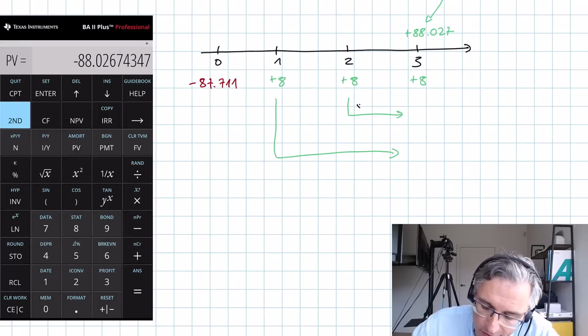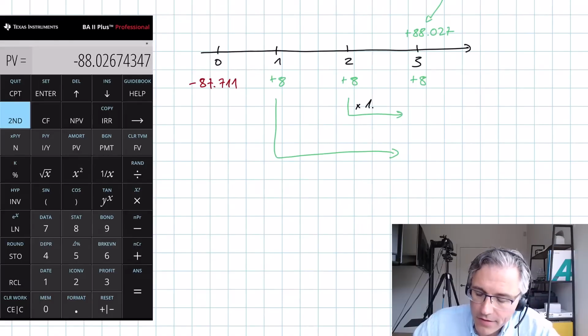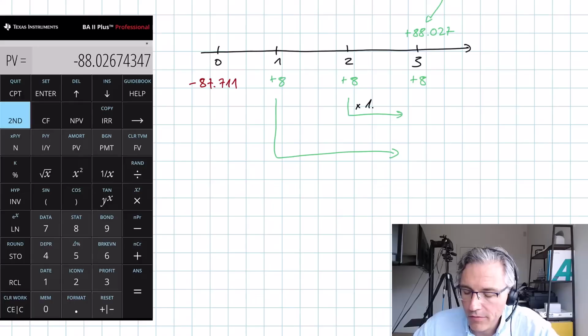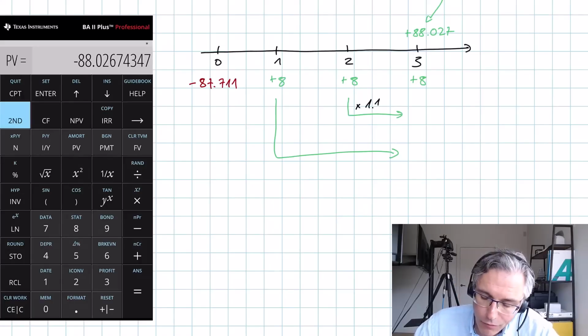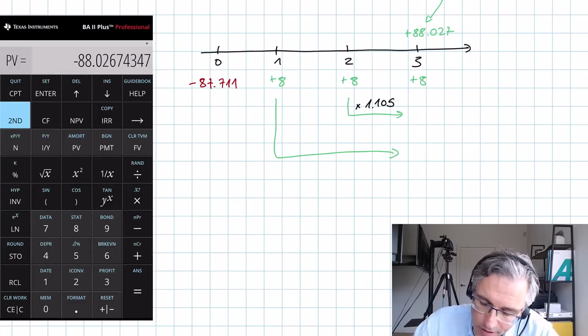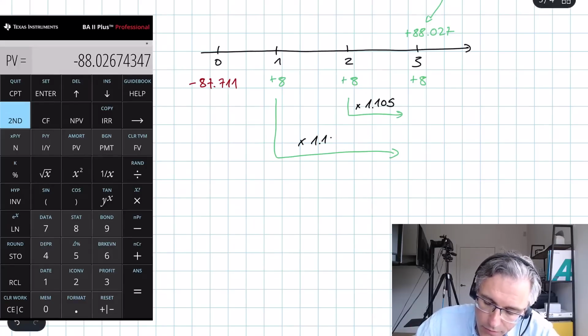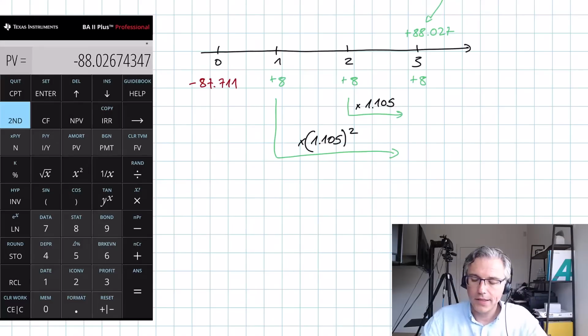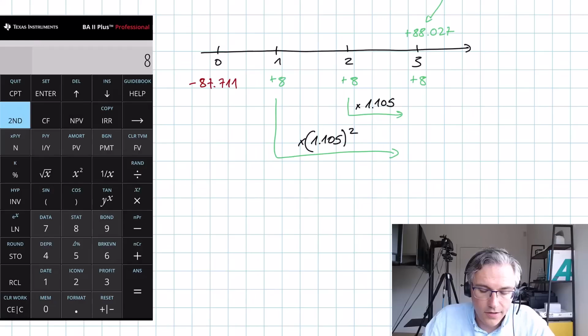So over here, this one doesn't grow. To compute its future value, we multiply by 1.105 with the additional 50 basis points, and this one times 1.105 to the power of 2. Okay, let's do this. 8 times 1.105.